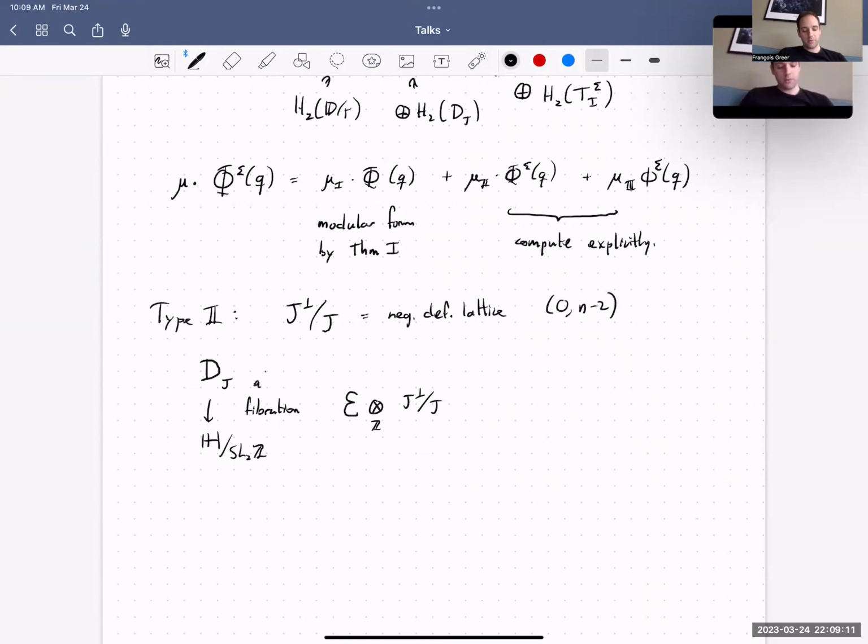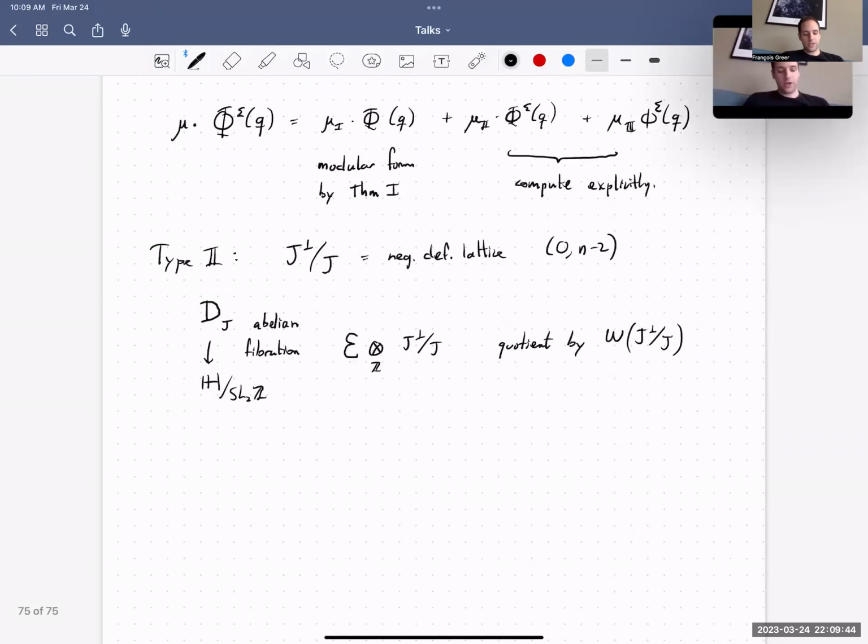So it's really a fibration by abelian varieties. But each of the abelian varieties is just a power of an elliptic curve. Okay, and then there's one more detail, which is that you need to quotient by the Weil group of this J perp mod J, which is a finite group. Quotienting by a finite group doesn't really affect intersection products too much, so I'm not going to worry about that. But just to be completely correct, that is happening.